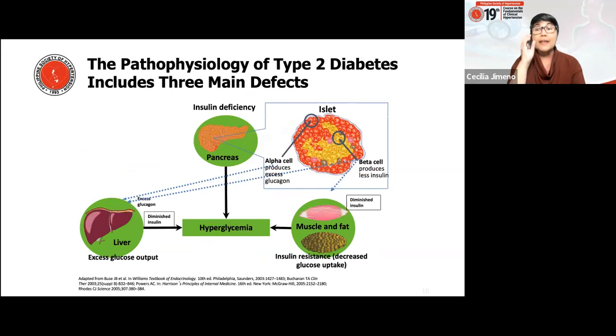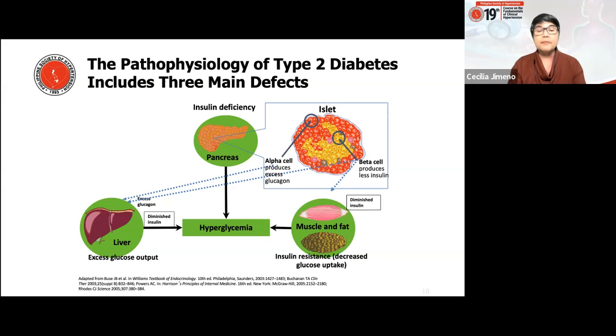The core defects in type 2 diabetes, aside from insulin deficiency and insulin resistance, include a third one, the increased hepatic gluconeogenesis leading to hyperglycemia.